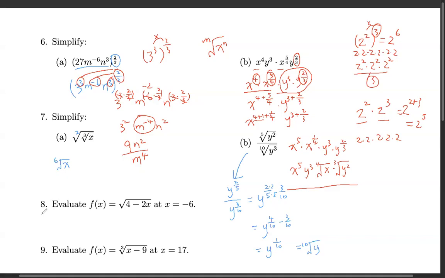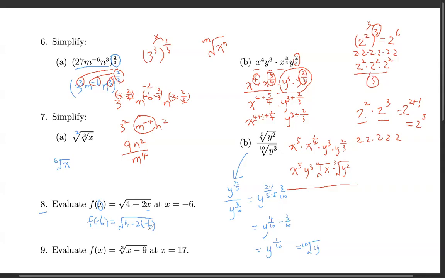Let's see, 8. We want to evaluate this radical function. So x equals negative 6. So we just write out f of negative 6 equals square root of 4 minus 2 times negative 6. You see, we just substitute the x with negative 6. So read this as input. What does the function do with input? The function does 4 minus 2 times the input, and square root.